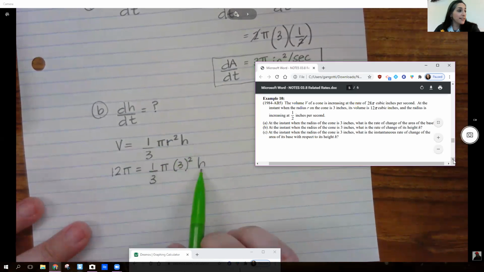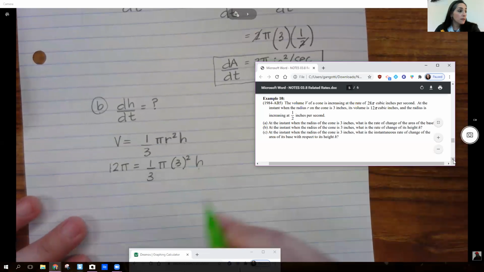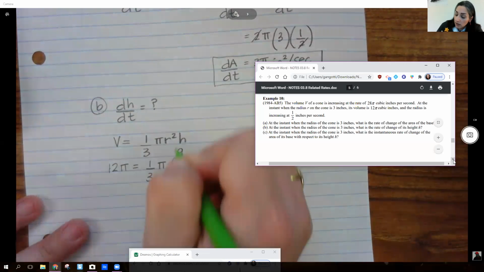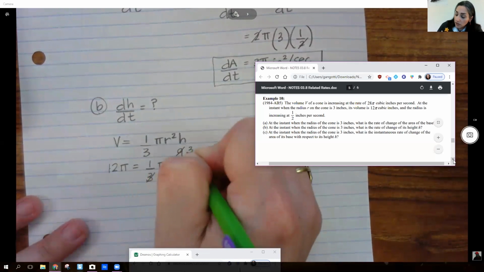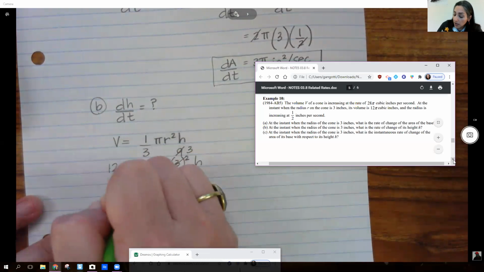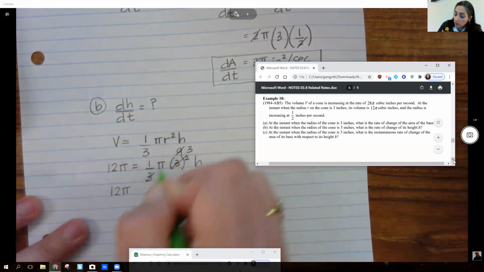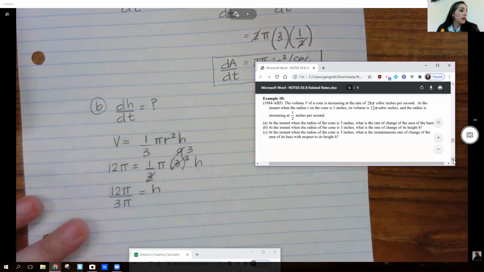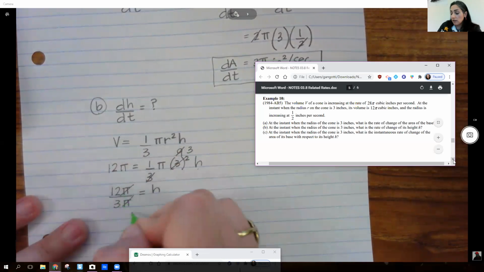So I've got to figure out what this h is. Okay, so this is 9. 9 divided by 3 is 3. So if I divide both sides by 3 pi, I get that h is 4.